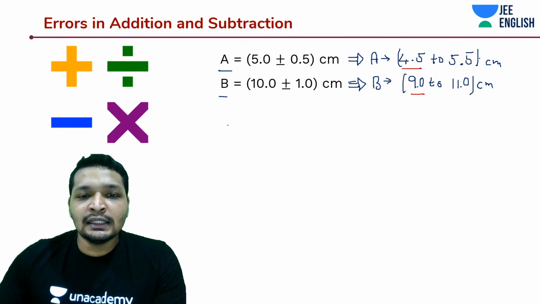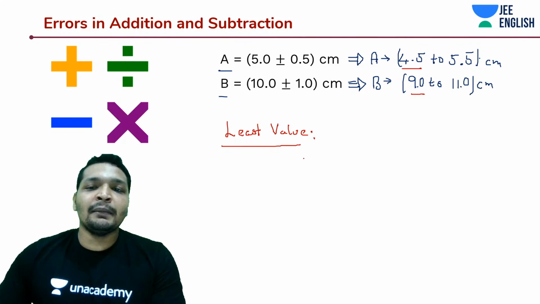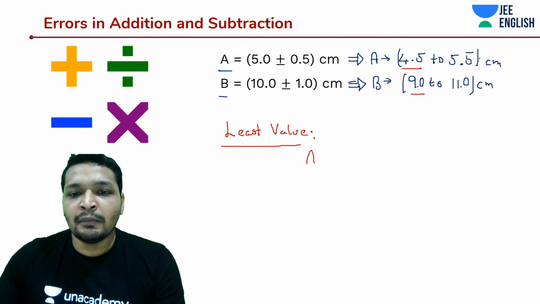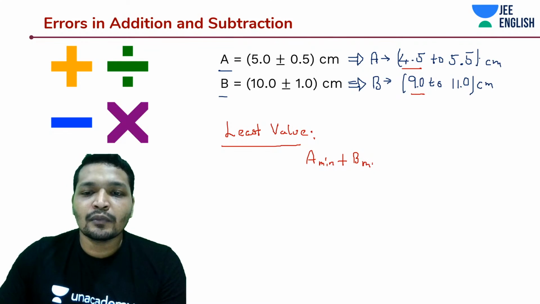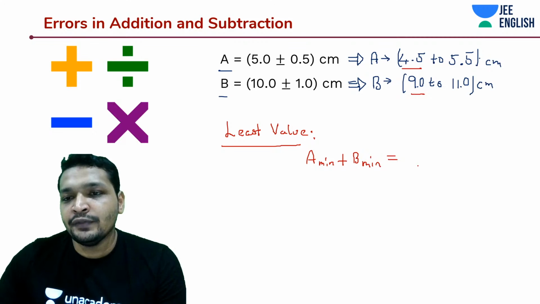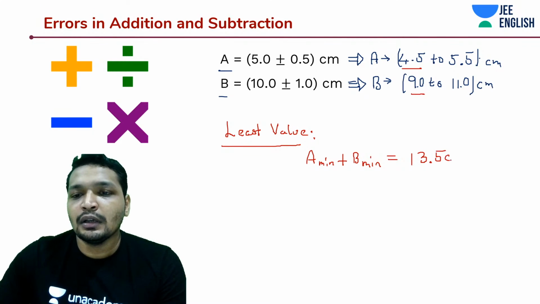So if I'm adding the least values, so this way it's very logical, right? We can understand what is happening. When I'm adding the least values, I'm saying A minimum plus B minimum. How much do we get? 13.5 centimeters, right?